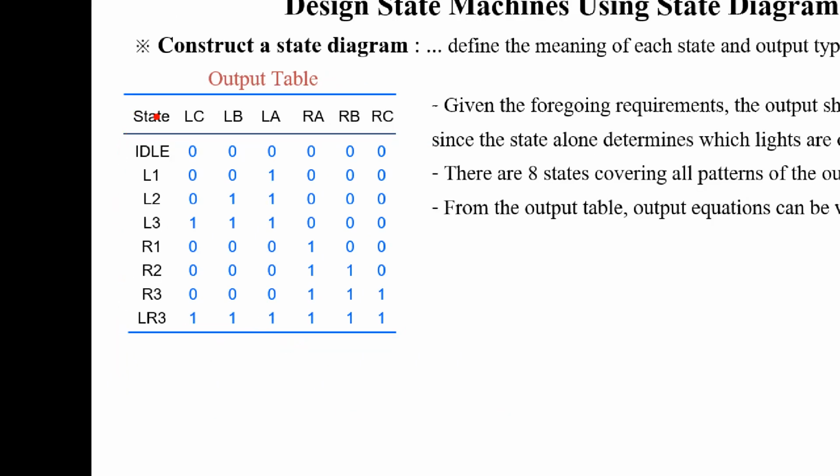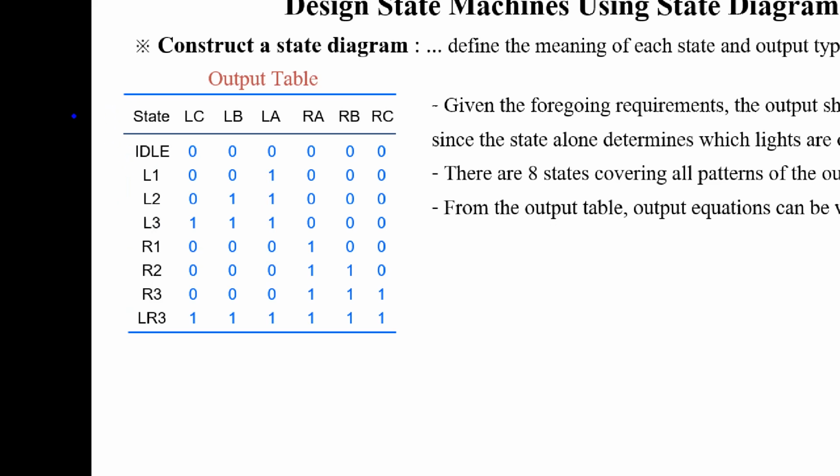Actually, for this step, you do some state assignment. Because there are 8 steps, it needs 3 bits to represent these 8 steps with different binary codes.